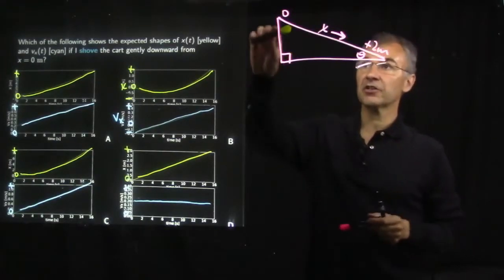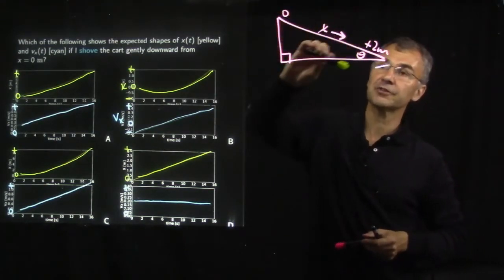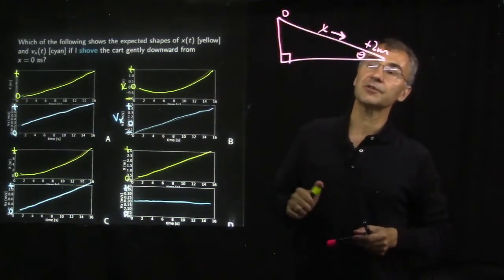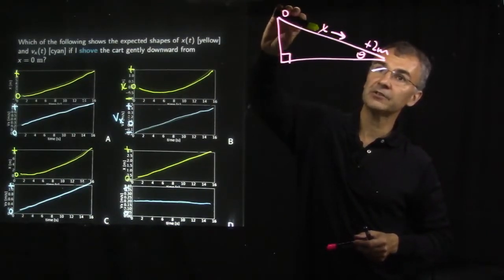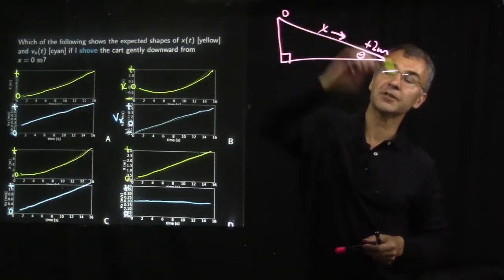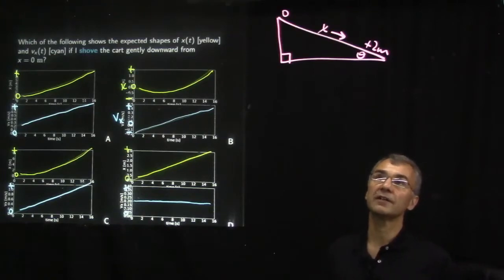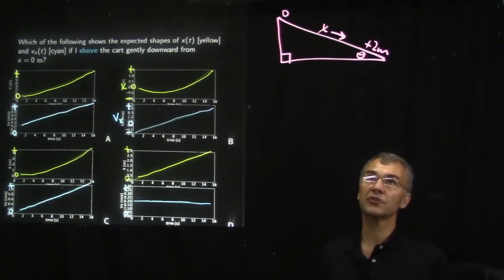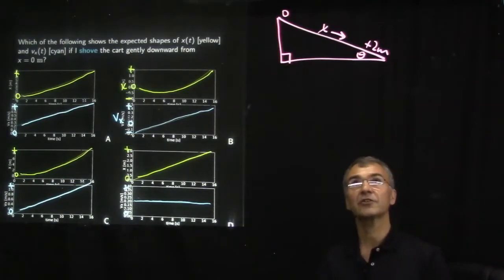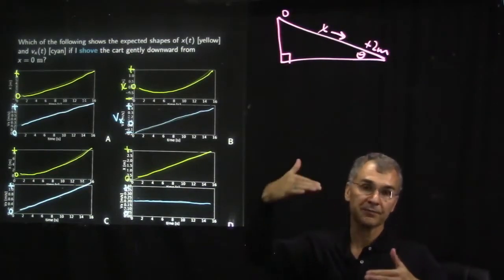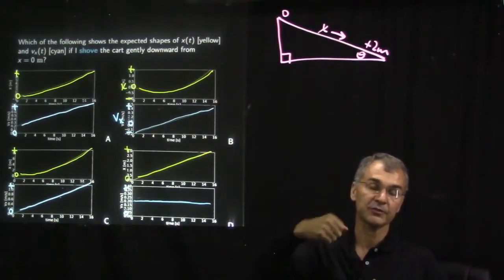So I start out at the top at x close to 0 and I give the cart a downhill shove. Its velocity starts out pointing downhill, and then gets bigger and bigger in the downhill direction. So the initial condition is a shove downhill, so that's a downhill velocity.